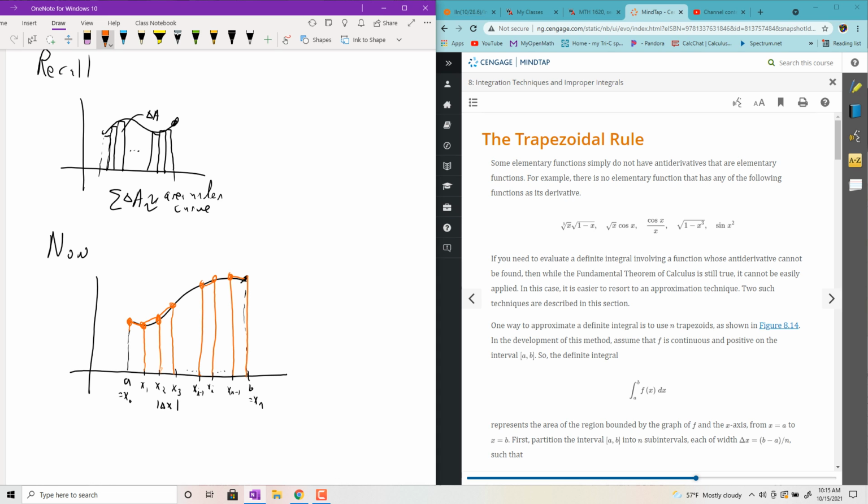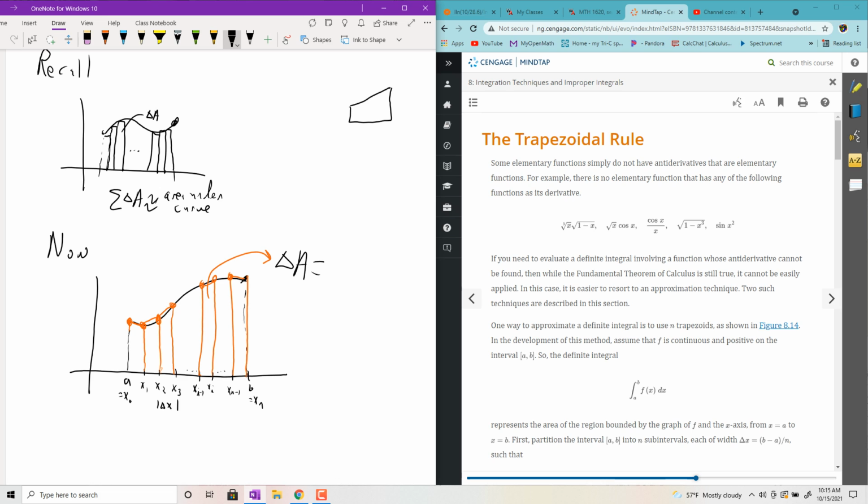Okay, so in order to add all these up this time, we need to get a formula for the area of these trapezoids, right? Call it this area increment. So what is the formula for the area of a trapezoid? Over here on the top right, I have the trapezoid object I'm working with.